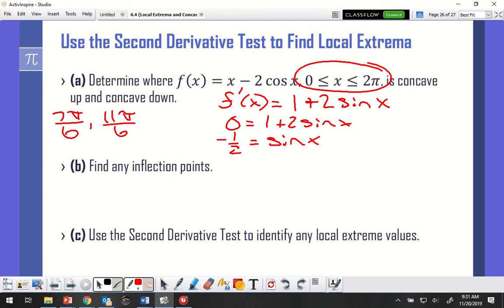Okay, so let's start off with figuring out inflection points. So I need a second derivative. The derivative of sine is cosine, right? So f double prime of x is equal to 2 cosine x.